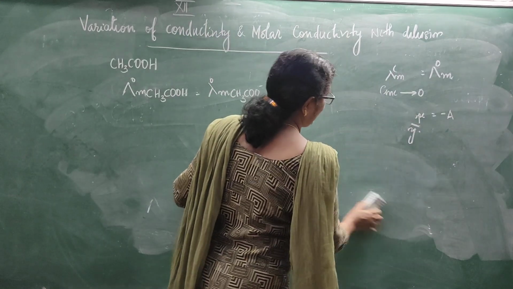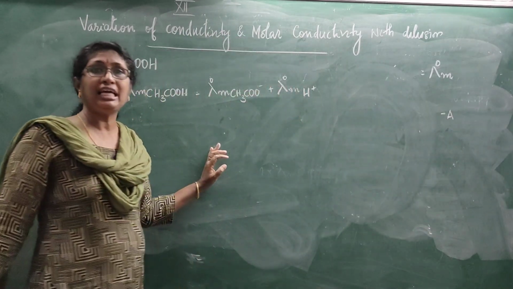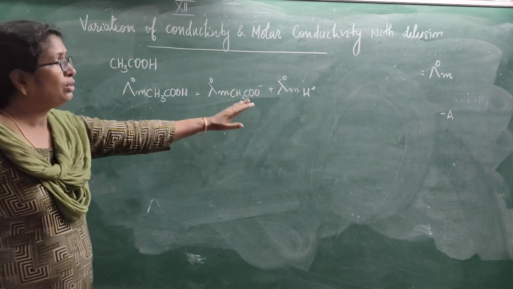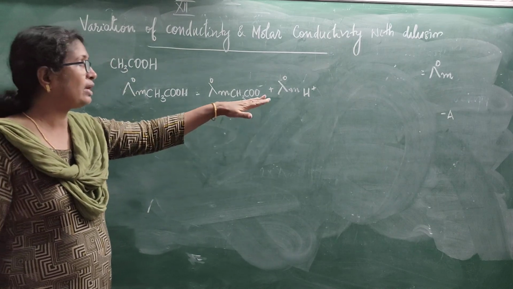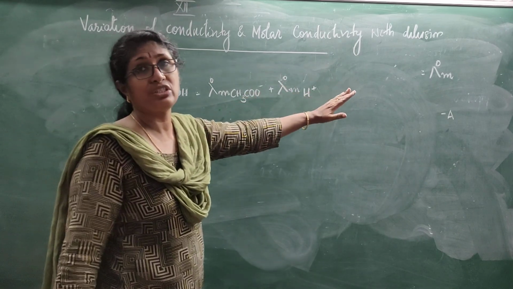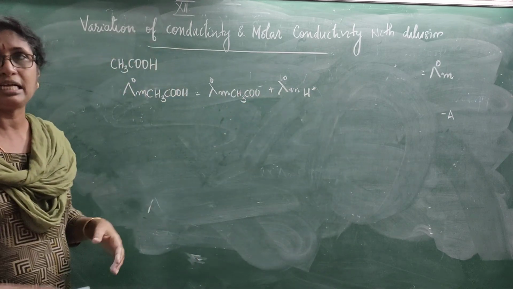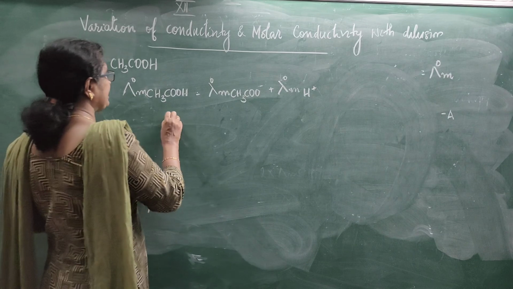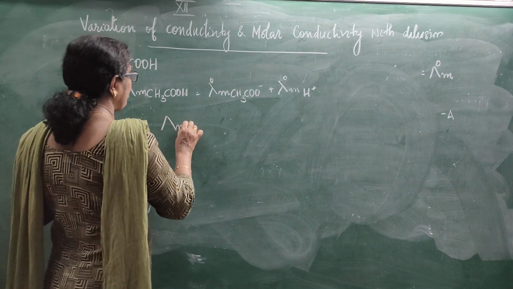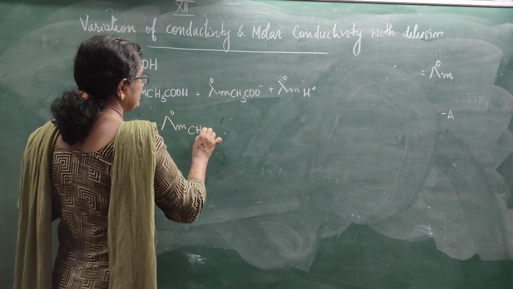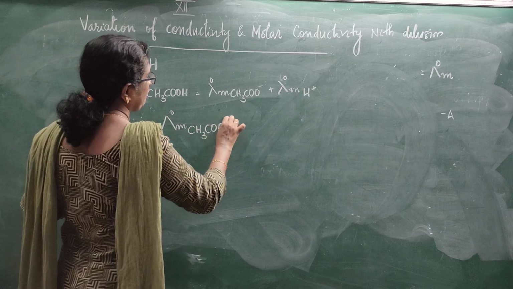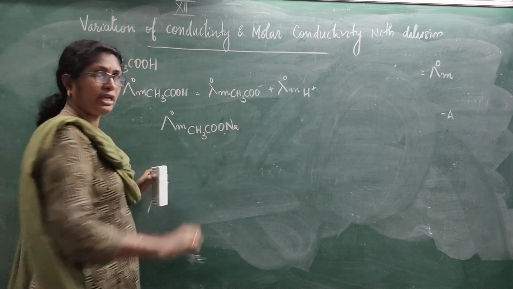Now what we can do is find out some strong electrolytes which will give this ethanoate ion or acetate ion and hydrogen ion. A strong electrolyte which contributes this ion. You can take sodium acetate, CH3COONa, sodium ethanoate.